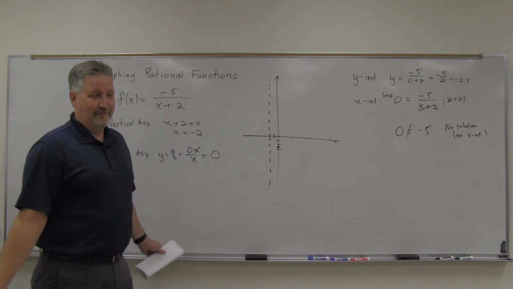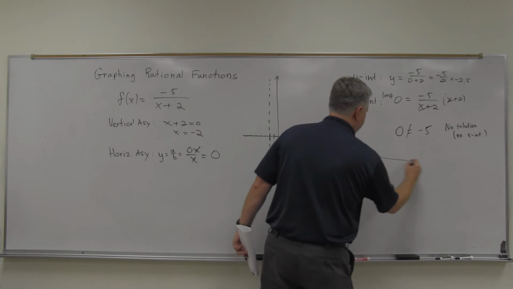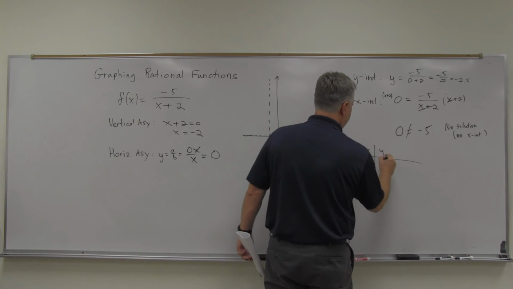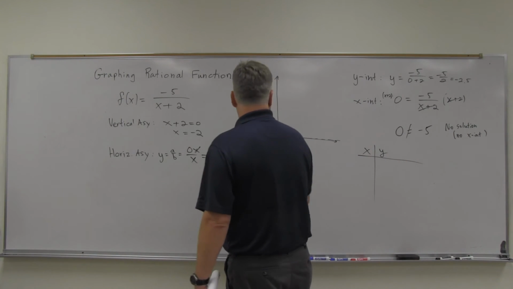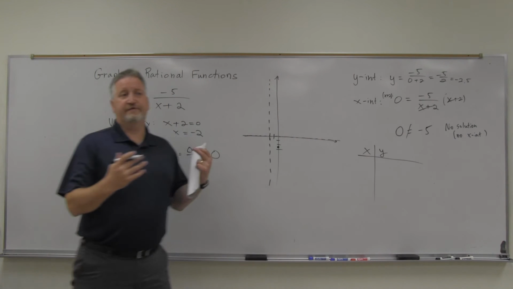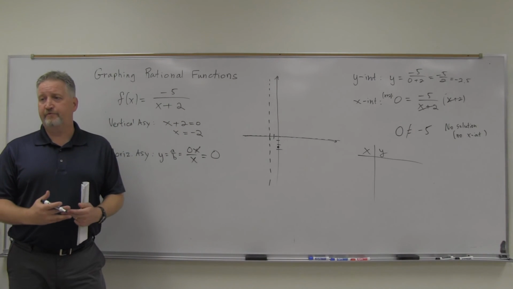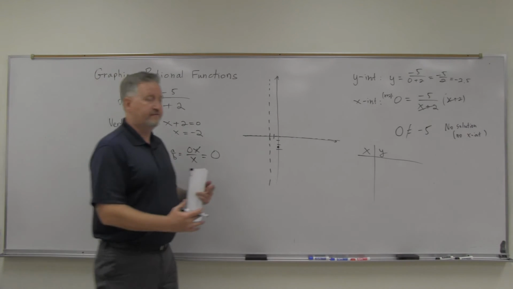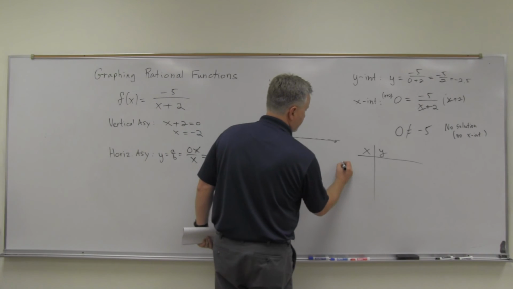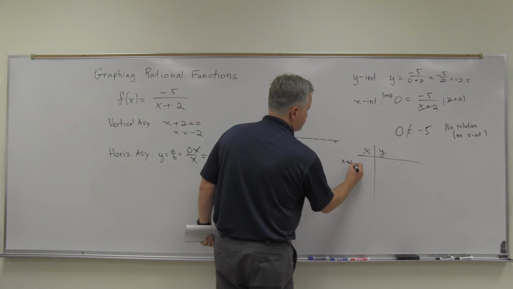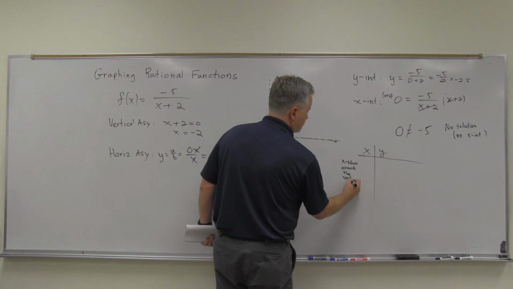So we've just got 1 point. So a table I think would be definitely helpful here. My suggestion for the table is just do a couple of points on either side of the vertical asymptote, okay? So we're going to choose x values around the vertical asymptote.